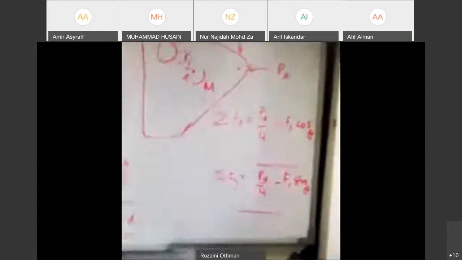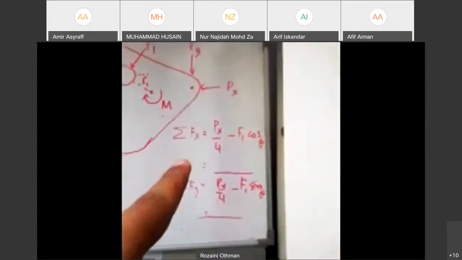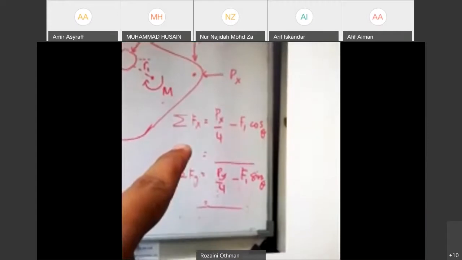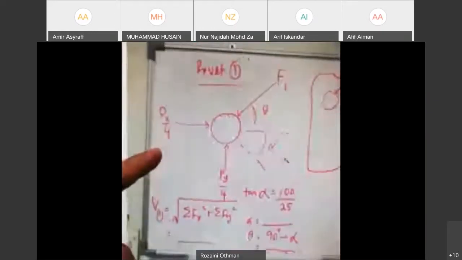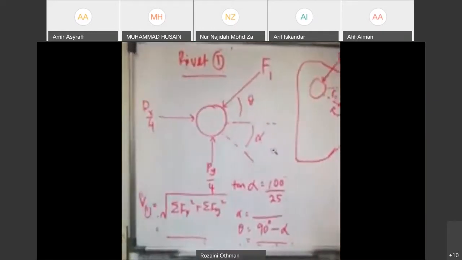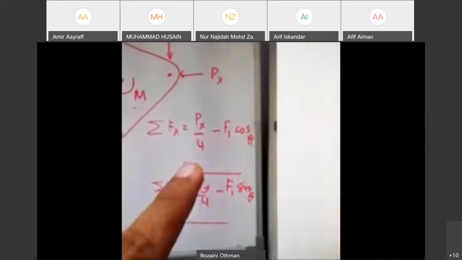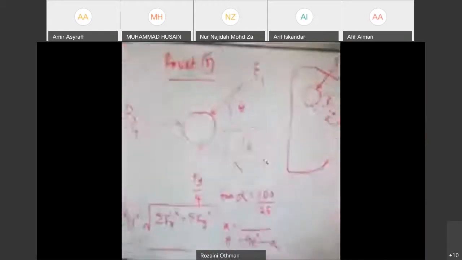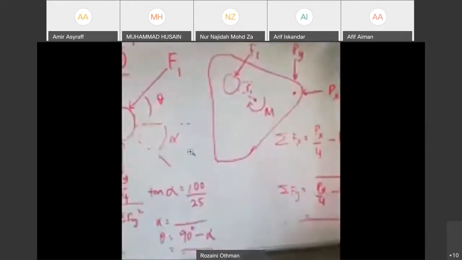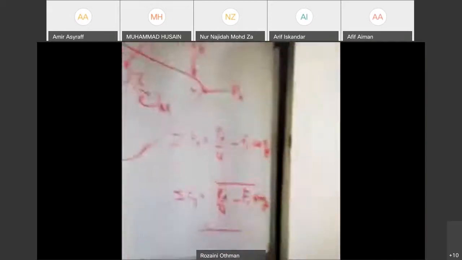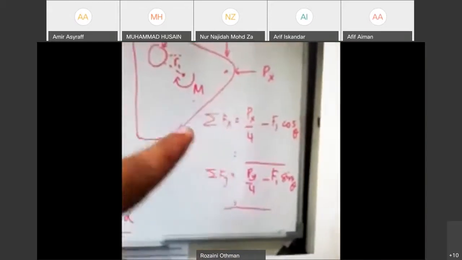After that, we do a summation of force in x. The summation of force in x consists of Px over 4 that you already determined just now. It's to the right, so it's positive Px over 4. And then minus, because F1, if you resolve in x, is to the left. So it's F1 cos theta.